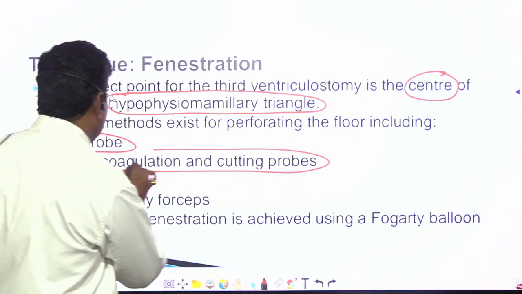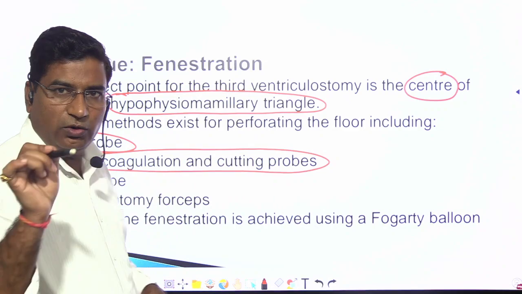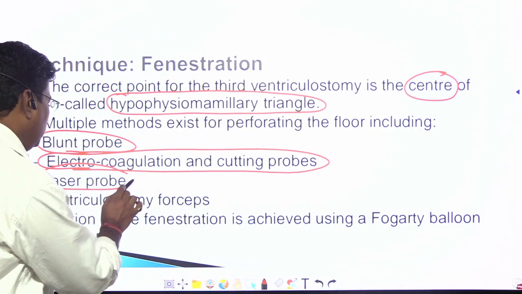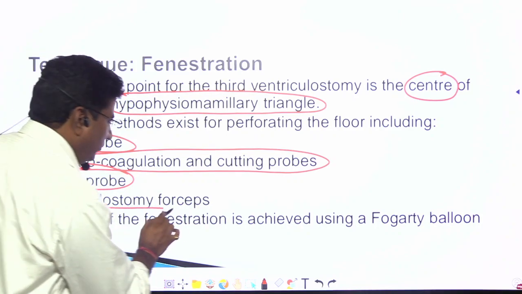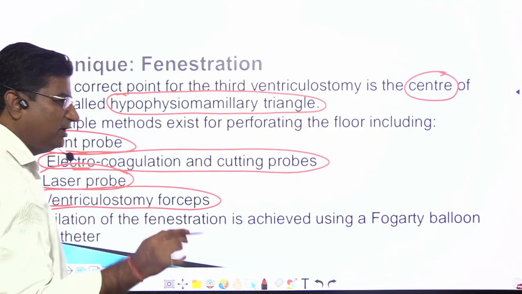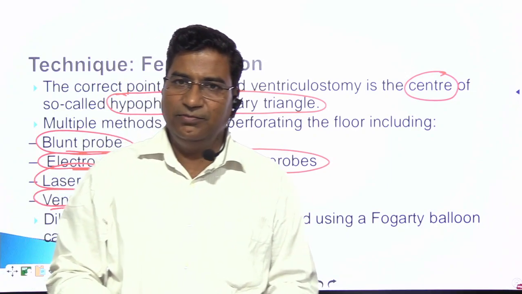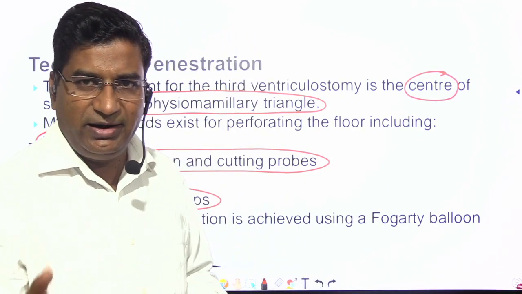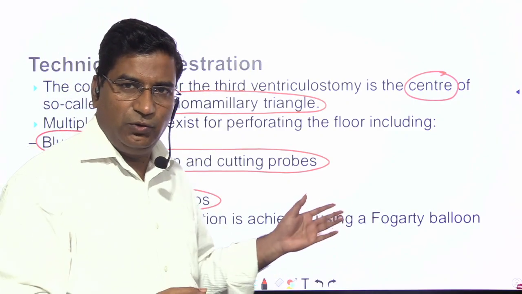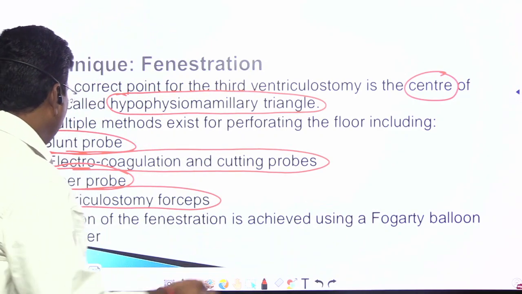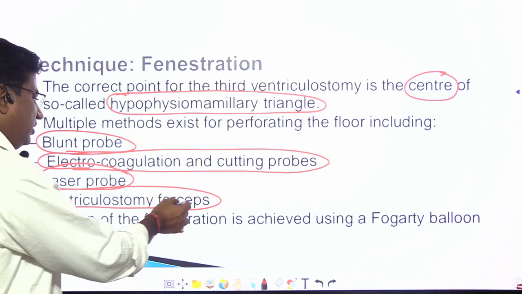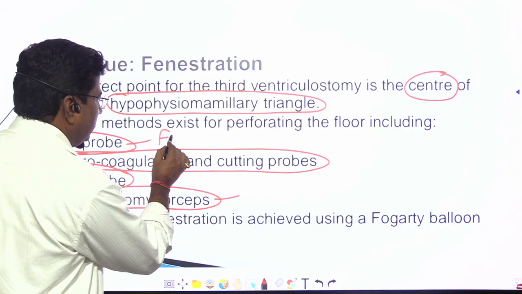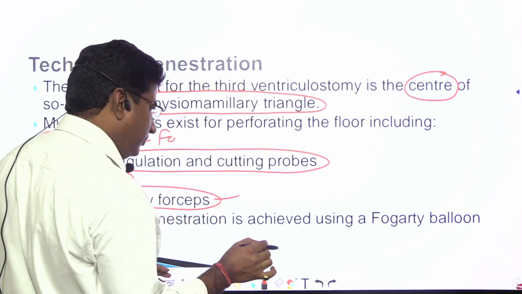You may fenestrate with the cautery, monopolar or bipolar. Laser probe, you may use ventriculostomy forceps. Ventriculostomy forceps is designed for the fenestration, with serrated outer margin.